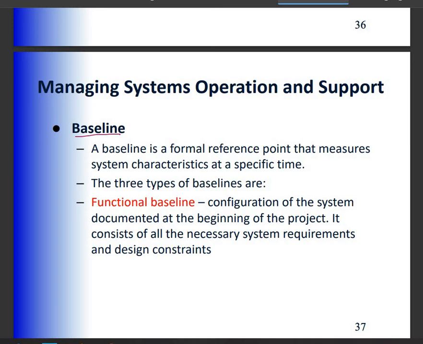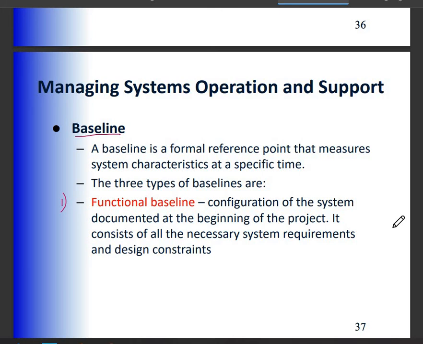Kita ada 3 jenis baseline. Yang pertama, kita ada functional baseline. Functional baseline ni is the configuration of the system documented at the beginning of the project. It consists of all the necessary system requirements and design constraints.